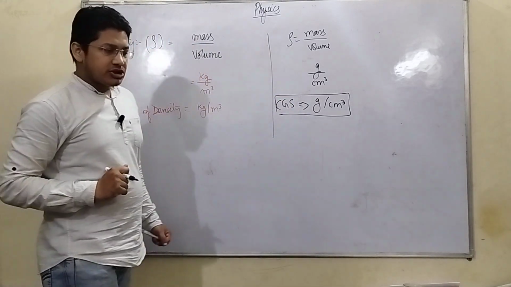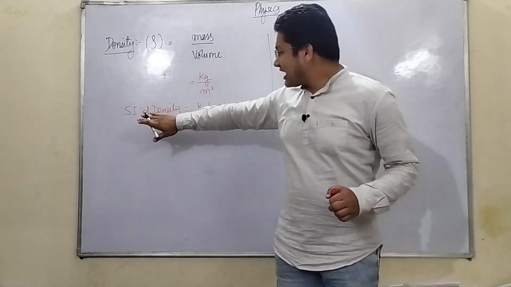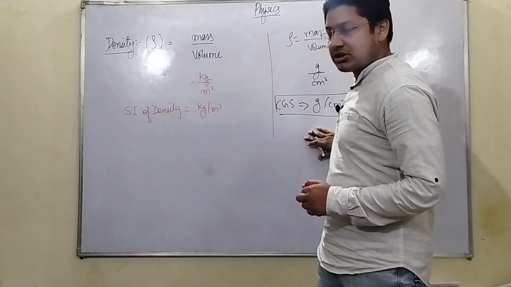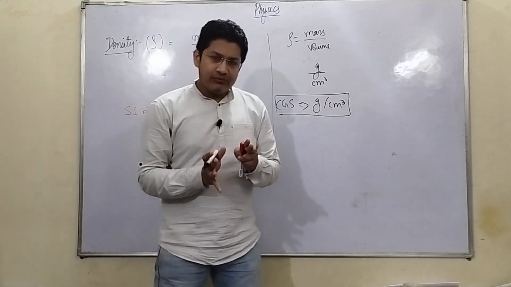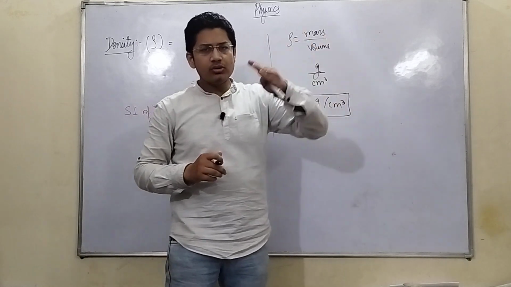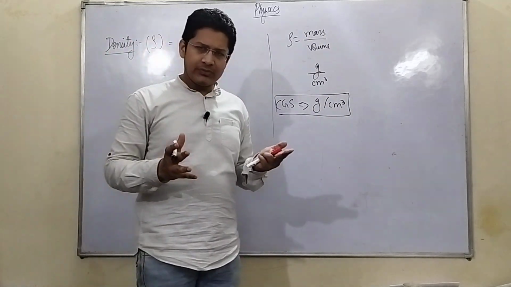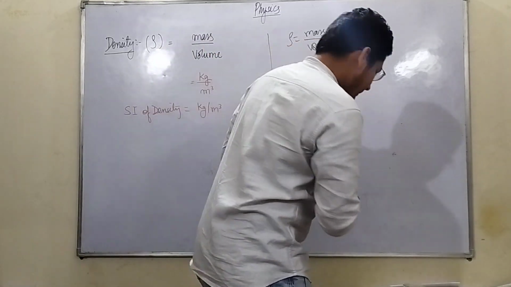Now the important questions and problems involve conversion from the SI unit to the CGS unit. So now we will see how we can convert the SI unit to the CGS unit, or the CGS unit to the SI unit. It is very easy.